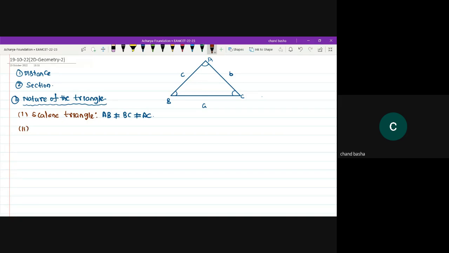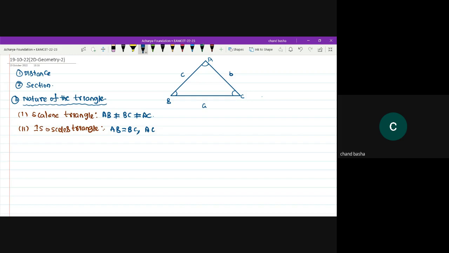The second one is the isosceles triangle. This is also a well-known property. If any two sides are equal, that is AB is equal to BC, and AC is different.